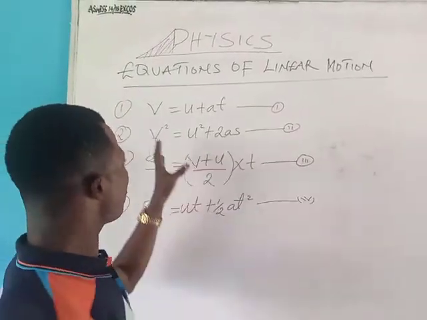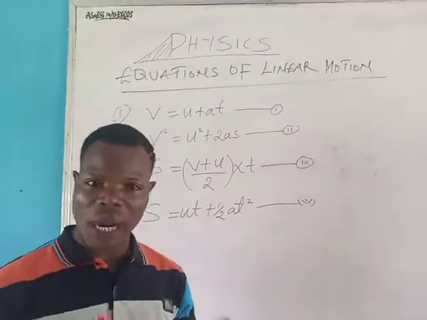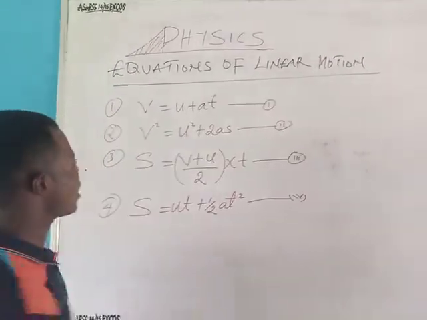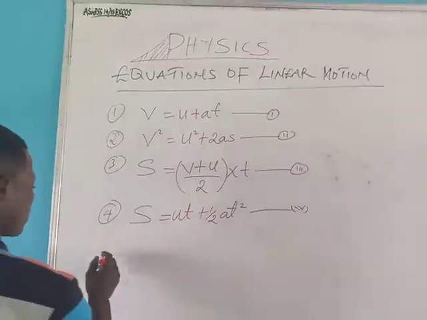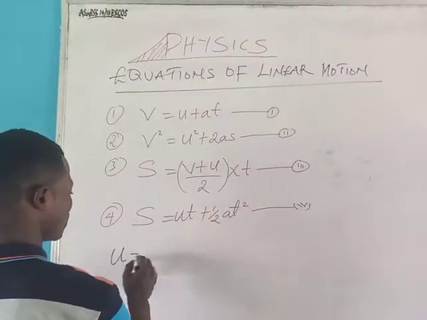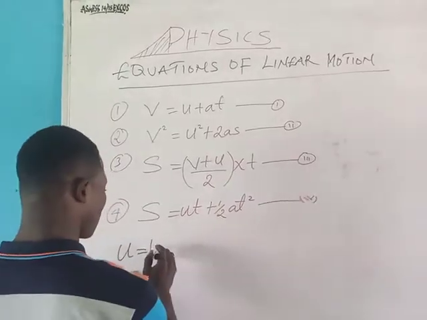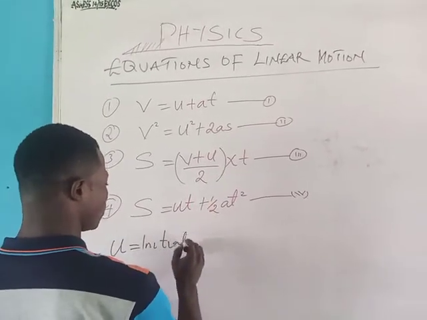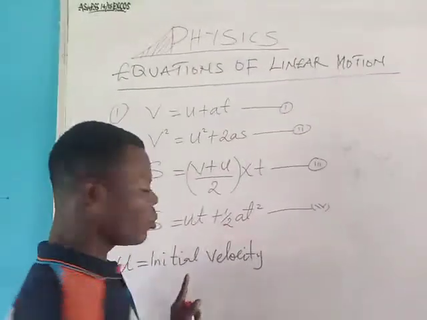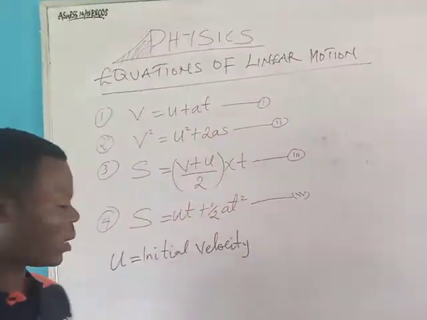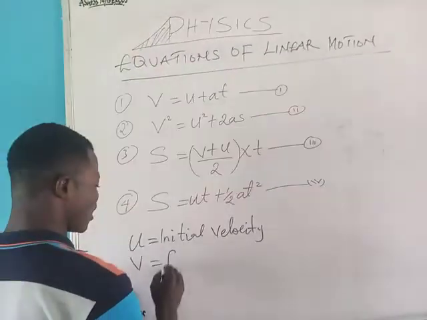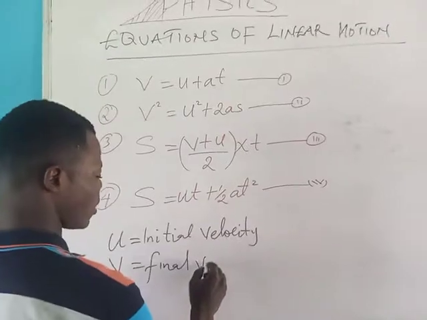Here, we need to understand the parameters or the terms in these equations. Our U here is called initial velocity, and our V is called final velocity.